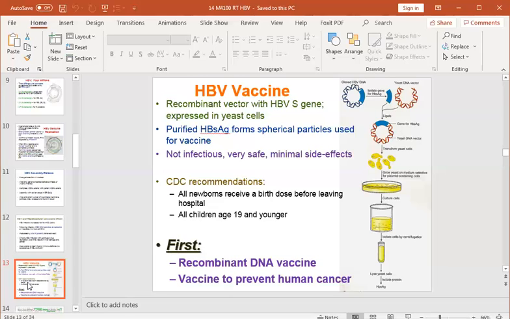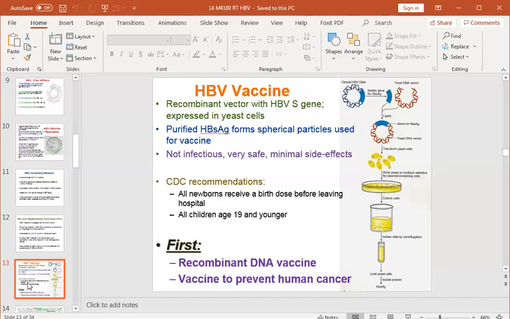The concept of recombinant comes from the fact that part of it is the cloned HBV DNA coding for S antigen, and then we put it into a yeast DNA vector. So one piece of DNA from one source is being recombined with another piece of DNA, and this is the first vaccine to successfully prevent human cancer.